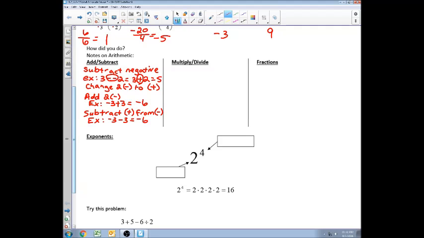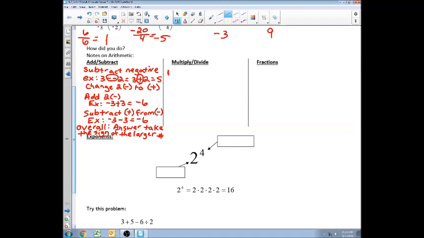Negative 3 minus 3 would also be negative 6. Finally, overall, your answer is going to take on the sign of the larger number. Okay?